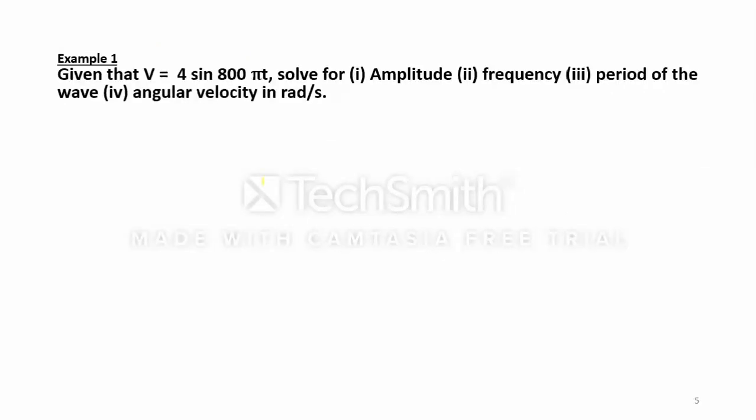This example says, given that V equals 4 sine 800 pi t, estimate the amplitude, frequency, period of the wave, and angular velocity in radians per second. Looking at that expression, it is similar to equation 2, where we had V equals V naught sine 2 pi f t. Let me go back so that we can see it clearly.